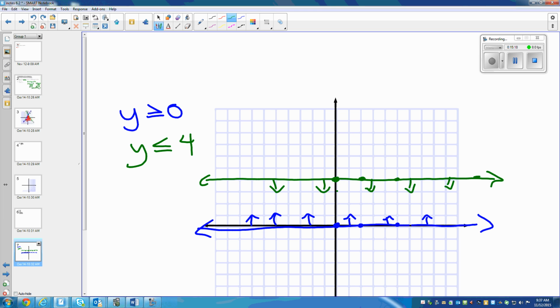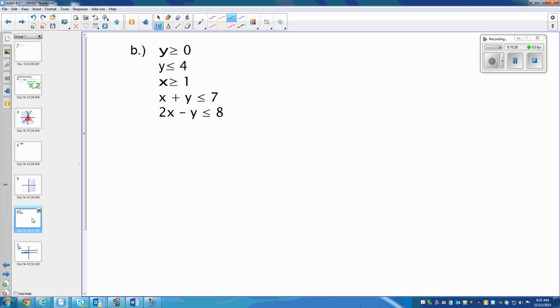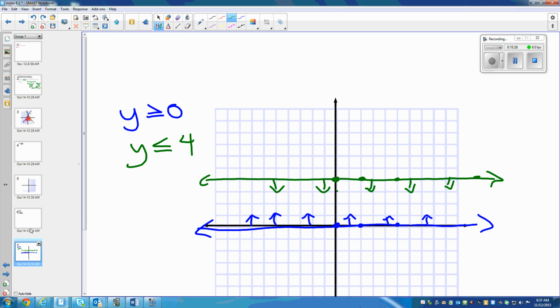So let's take a look at the next question. It says x is greater than or equal to 1, right? Going straight up and down. Okay, so this will give us a vertical one. Where's x equal to 1? Right here, or here, or here, or here, right? That's where x is 1. All the way.